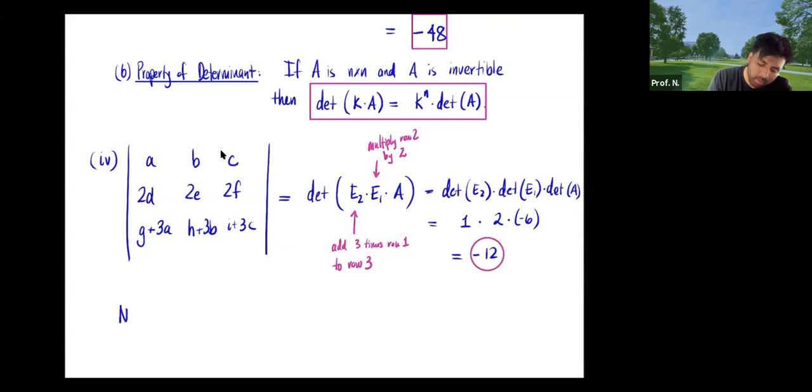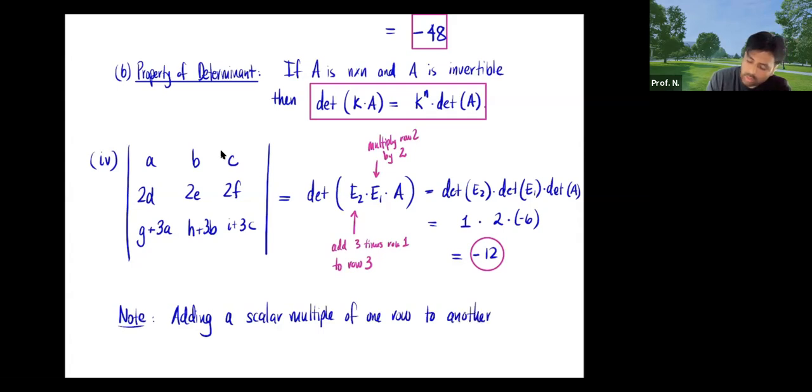So note, adding a scalar multiple of one row to another leaves the determinant of the matrix unchanged.